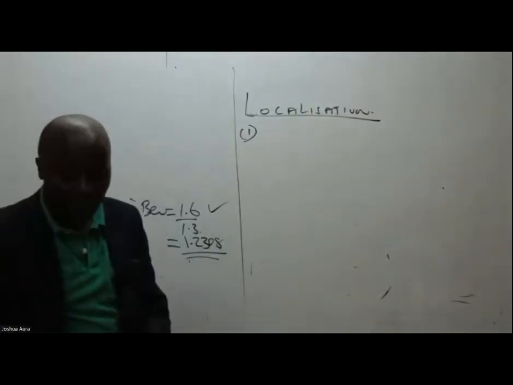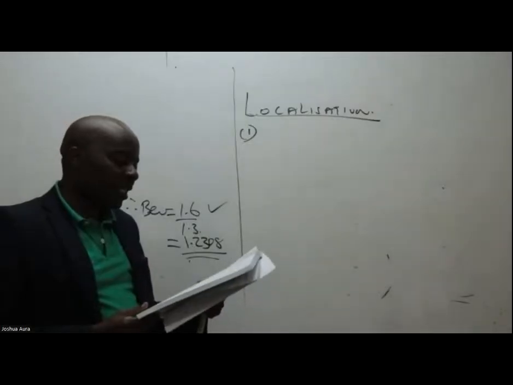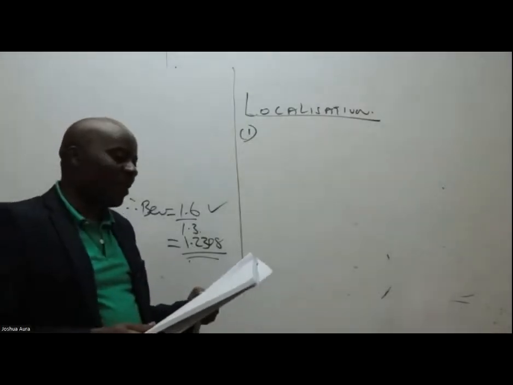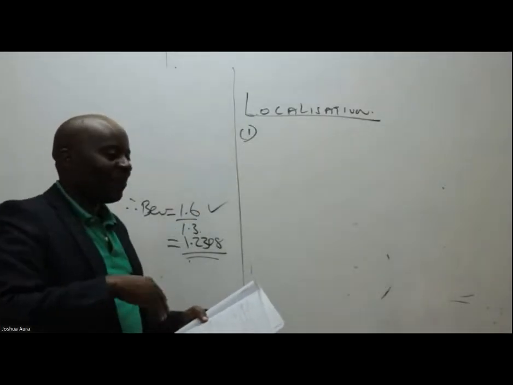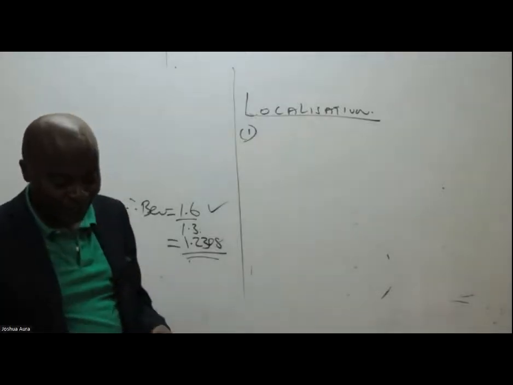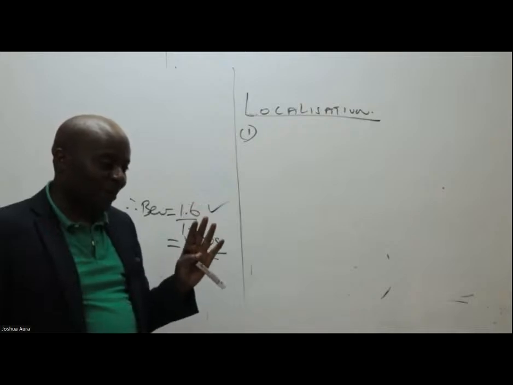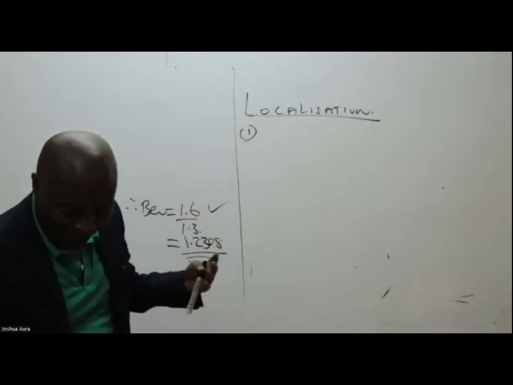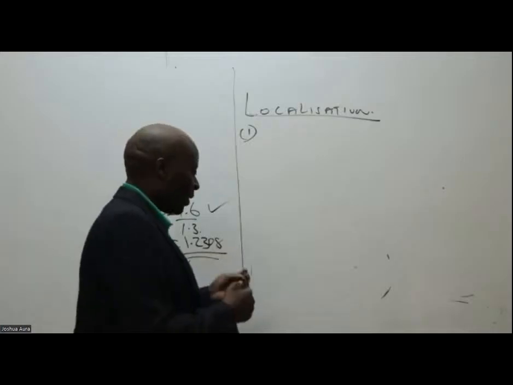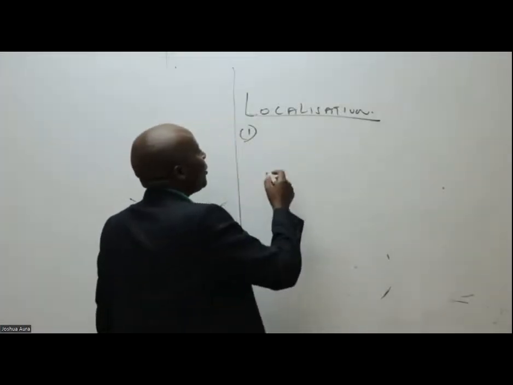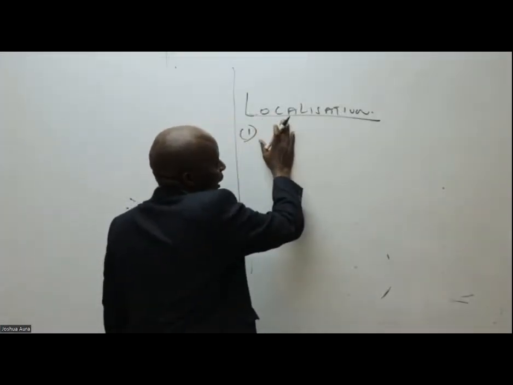So I've got 3 scenarios there, 30% debt and 70% equity. I would have avoided these steps, but let us just be uniform and procedural. So localization is normally done using Hamada's model.